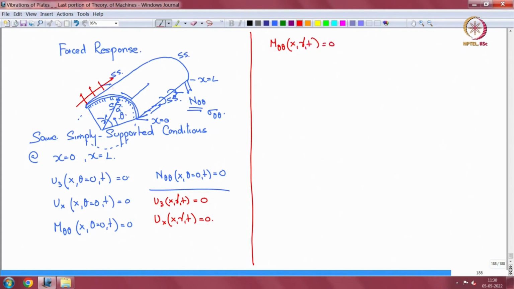So this moment is equal to 0, and then n theta theta at x comma gamma comma t equal to 0. So n theta theta is again the normal force resultant.